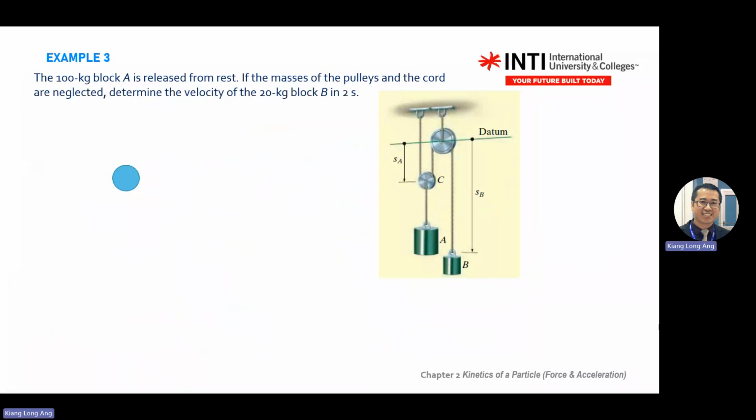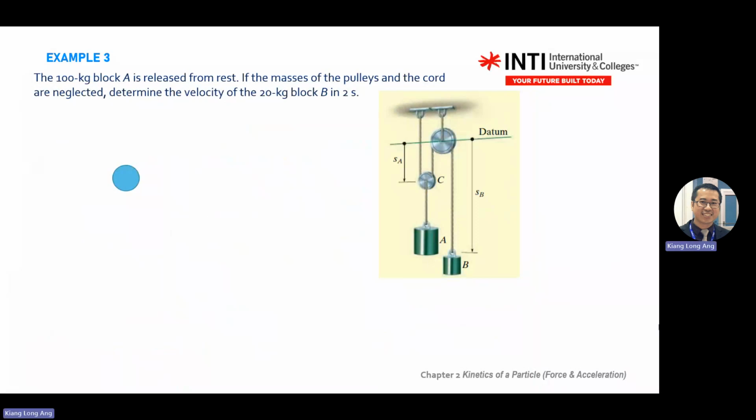Then convert this into velocity and acceleration. How to convert your distance to velocity? V equal to ds dt. Time differentiate this, the whole equation, dt. Total length, does it change or not? No, 0.